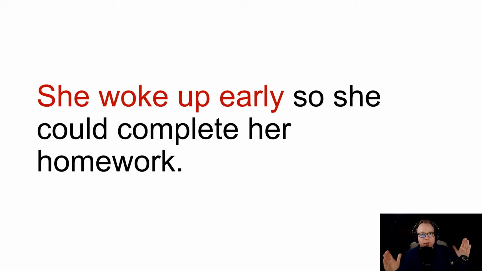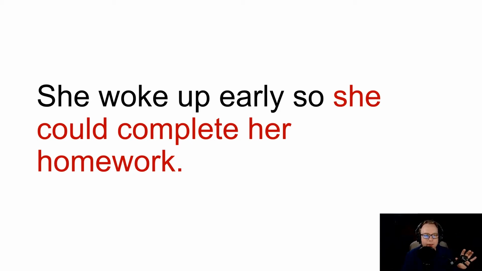By itself, that could be its own sentence. But we want to add more to it, so we use the conjunction so, and then we put in the next independent clause: she could complete her homework. We have she, the subject, complete as our verb, could helps to modify complete, and her homework helps to complete the thought.